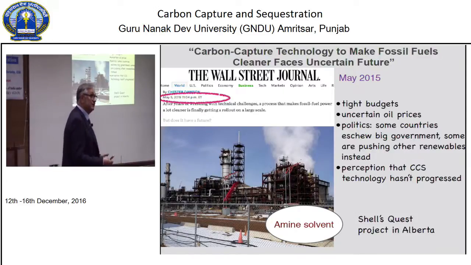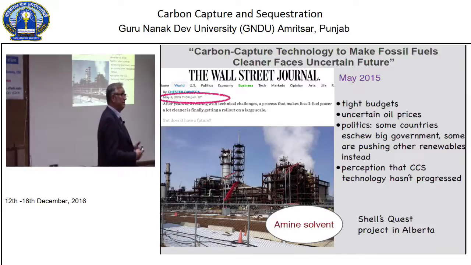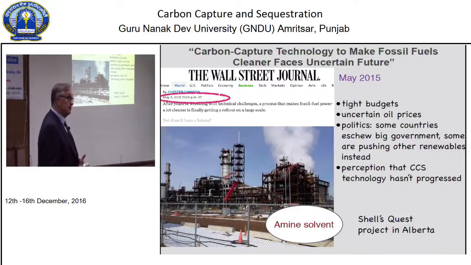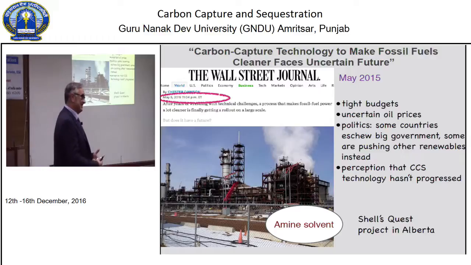In the second edition of the textbook, which I'm working on now, we have a whole section on the economics of carbon capture and sequestration. And the economics is, to be honest with you, completely untenable until we put a price on carbon. Only at that point will the forces of capitalism come to our service and make this happen. So a lot of politics associated with this.